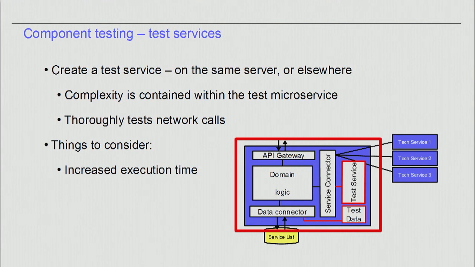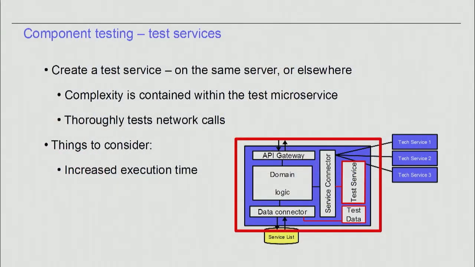We're going to ask them for similar things, and they're going to return us broadly similar things. So actually creating a test service that does everything that we might expect from someone else is a really good option. And it means that the complexity is then contained within the test service rather than in your application, and it kind of gives you that nice separation.